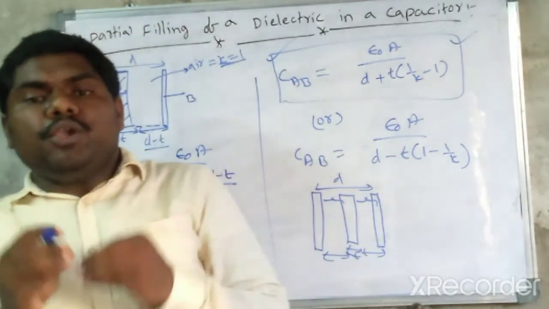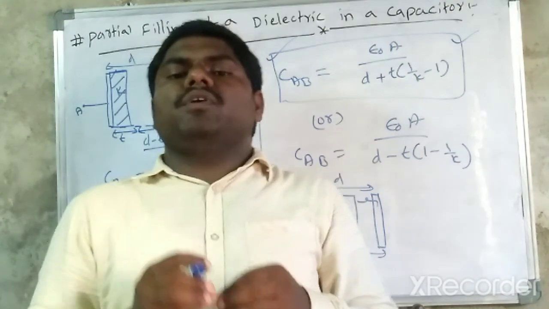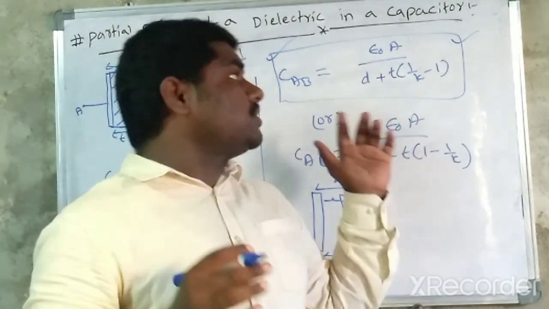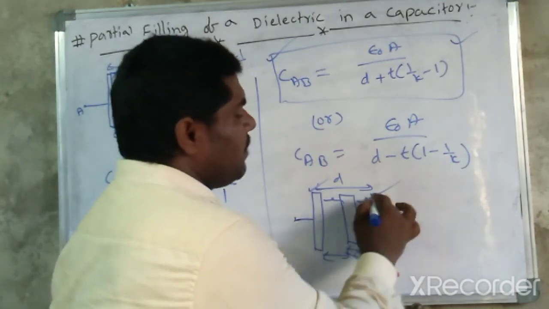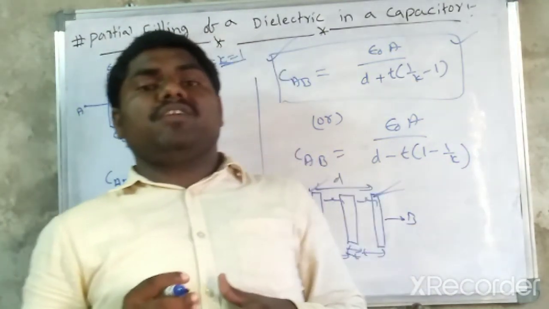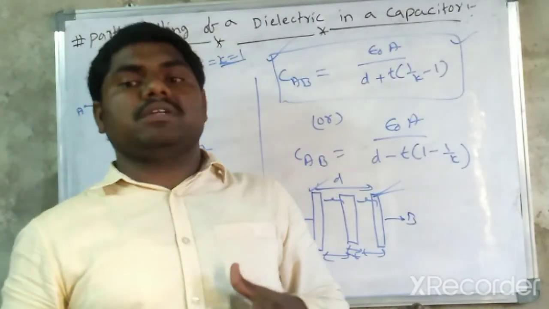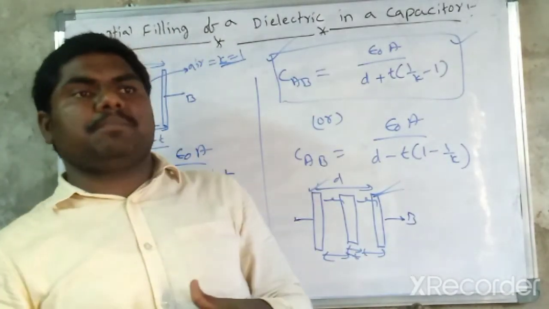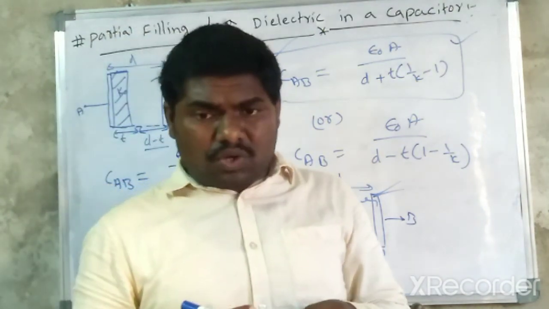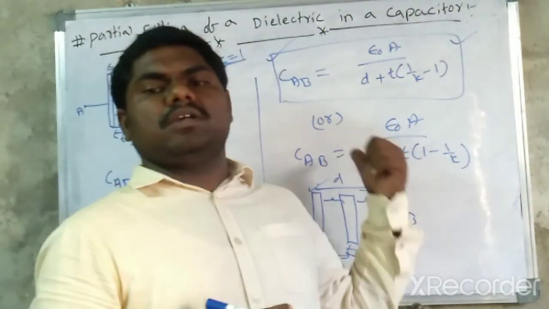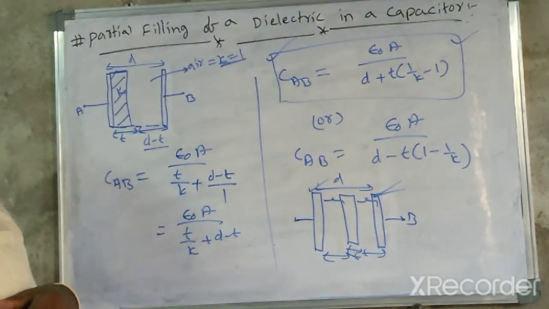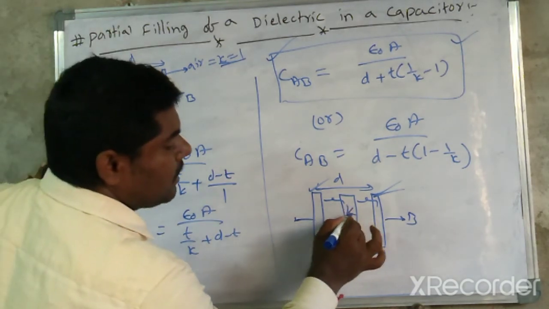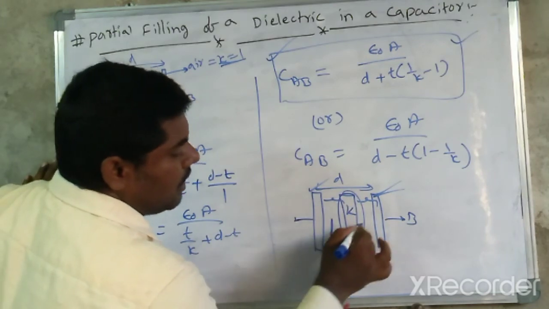It means that due to partially filling a dielectric between the two plates of a capacitor, the capacitance of this system is independent of the position of the slab between the plates.